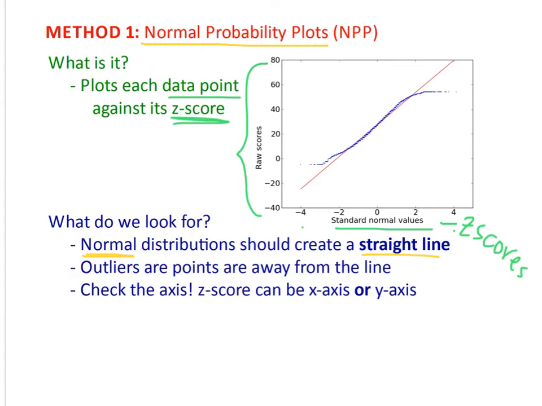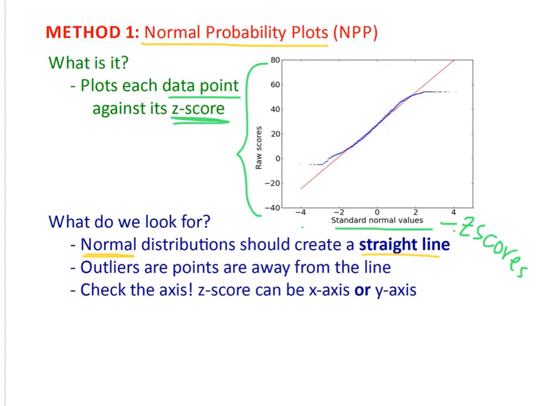But we see this one kind of makes a little S shape. It doesn't make a straight line, which means this data set is not normal. It makes a little curve. And normal distributions should make a straight line. And that's what we look for when we are given a normal probability plot.